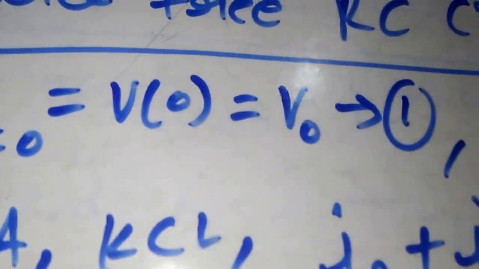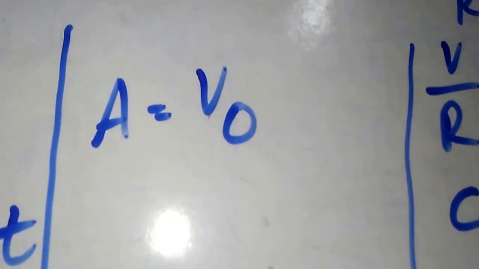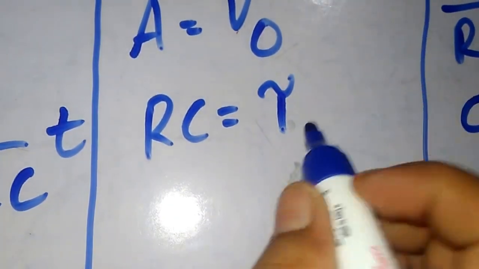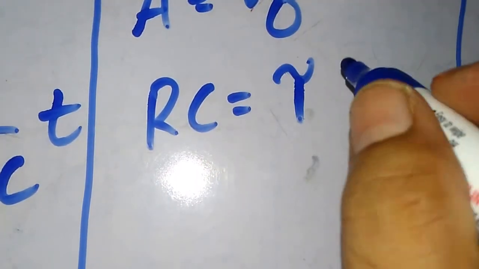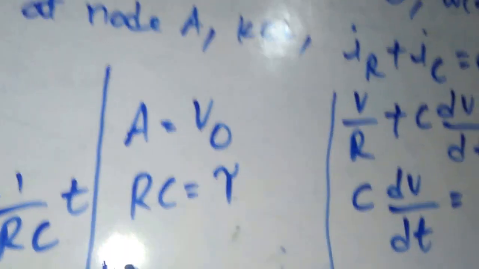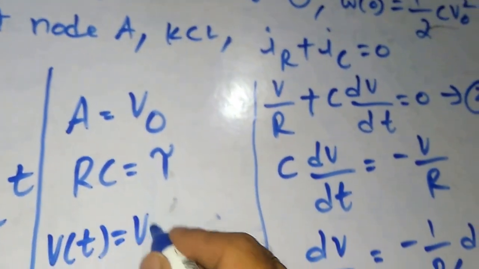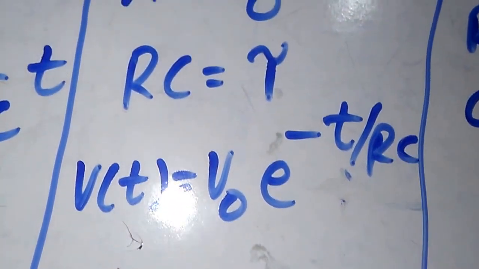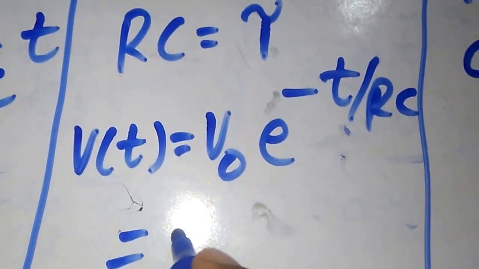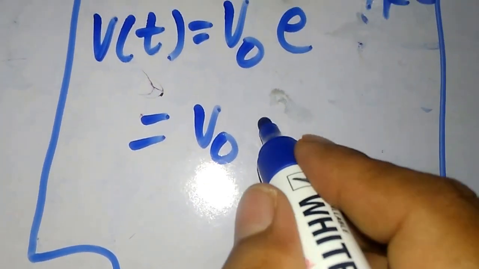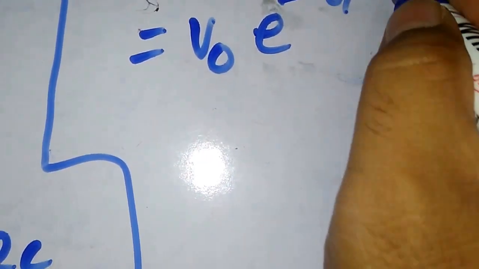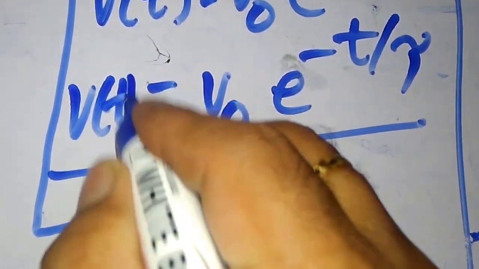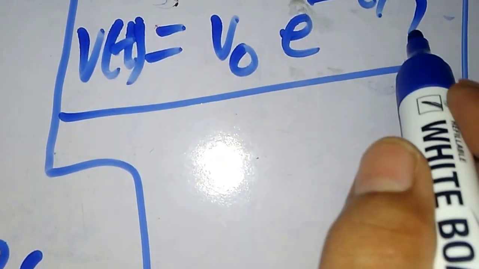So A you can write as V naught, and we assume RC as tau, the time constant. If you substitute these in equation 4, you will get V of t is equal to V naught e power minus t by tau. So this is the expression we wanted.